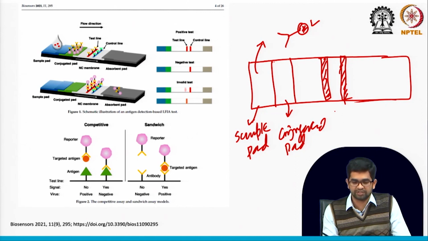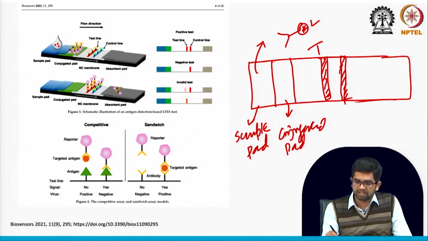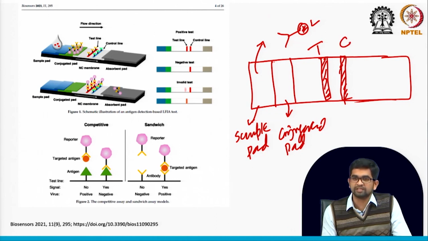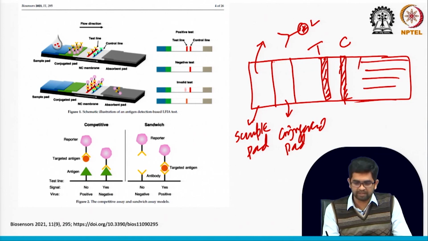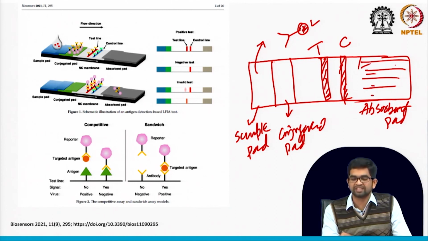We mention the test line as T, and the control line we generally mention as C. For the rest of the strip we use another pad called the absorbent pad. Why do we need this pad? It takes up excess solution and excess antibody. If the excess antibody doesn't bind here, it will come and be absorbed. This is the absorbent pad.